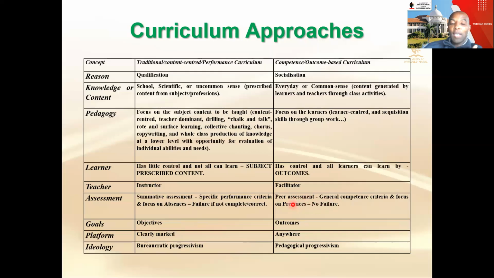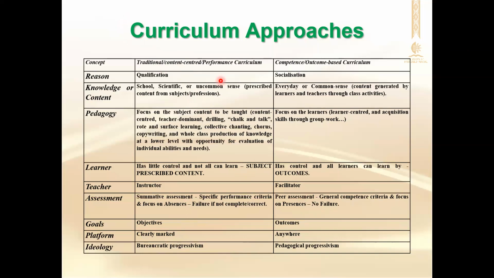They use something like peer assessment or formative assessment, because all they are establishing here is what you have achieved. What you have achieved will determine how they promote you.